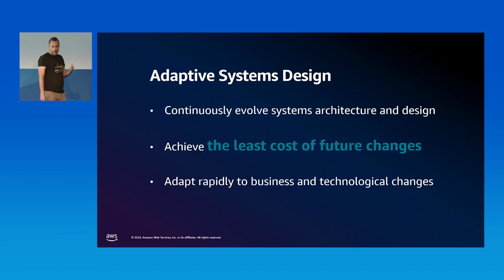Now, this type of approach that we want to take today is generally referred to as adaptive systems design. So to design my system to be cost-effective when adaptations are required. And adaptations to systems can become required when things like business requirements change, perhaps the company changes, maybe the system's purpose has found a completely new direction.